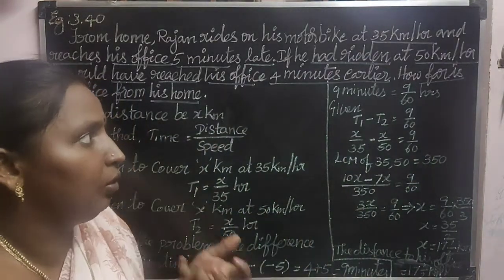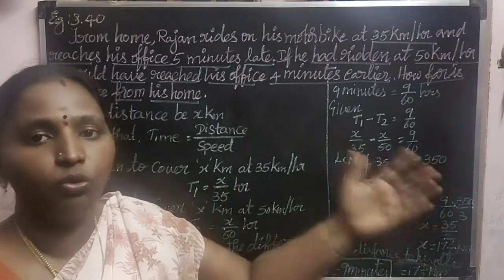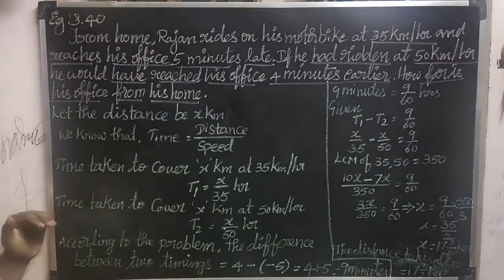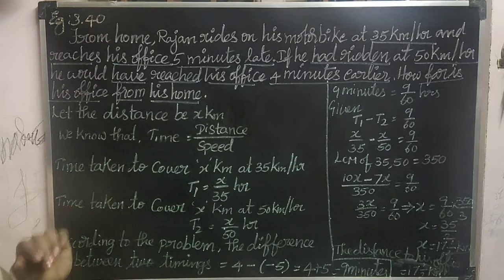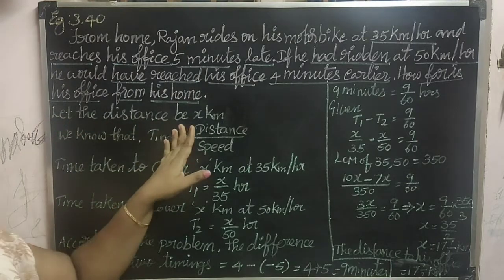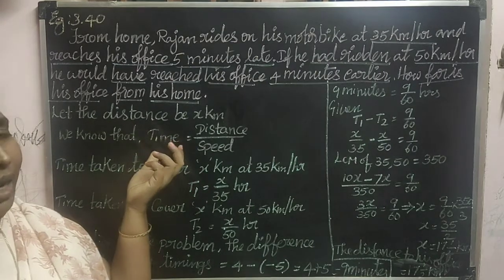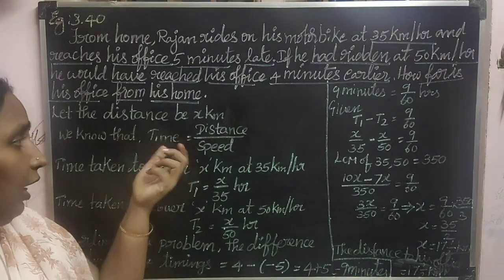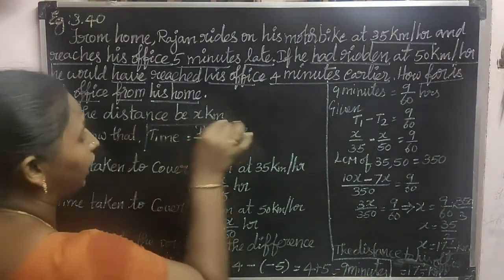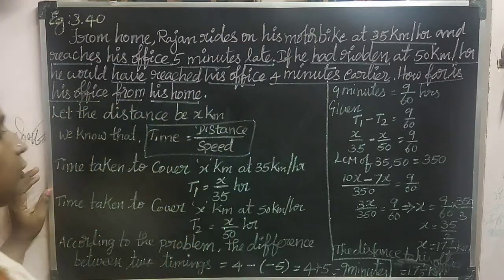Okay, so we don't know the distance from his office to home, so we assume the distance to be x kilometer. Now we are going to find the time. You already know the formula: time equals distance divided by speed. So recall this formula.